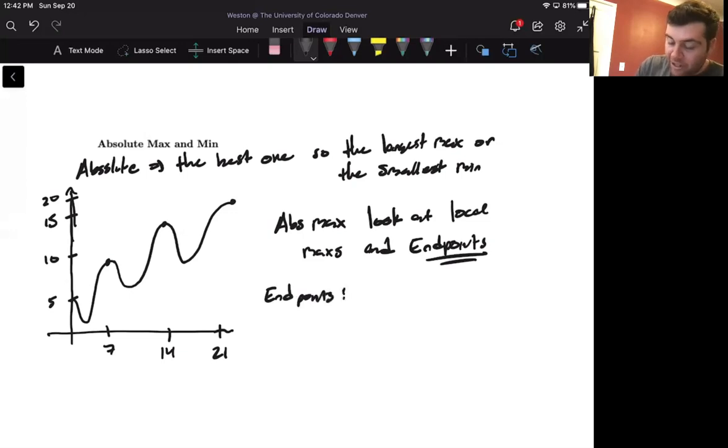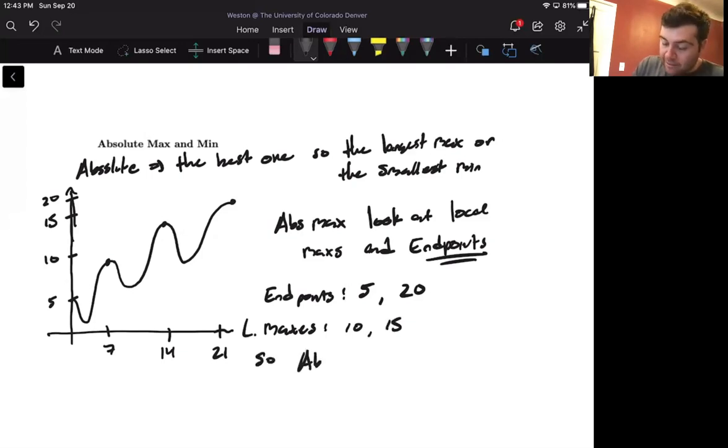At our endpoints, our function is either 5 on the left or 20 on the right. And our local maxes are 10 and 15. So the absolute max is actually 20. It's that endpoint value.